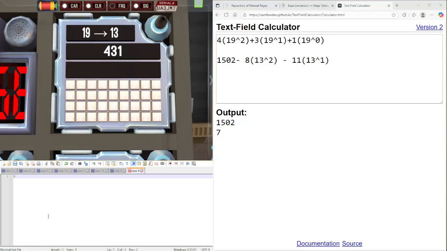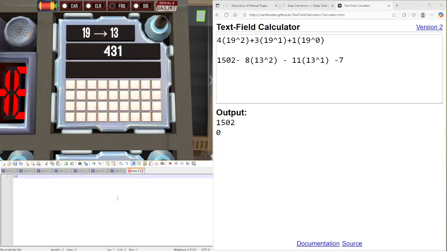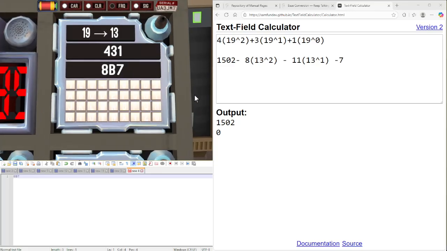So the second one is going to be 11, minus 9, which is B. And then finally minus 7. 8B7. And then we press the last screen.